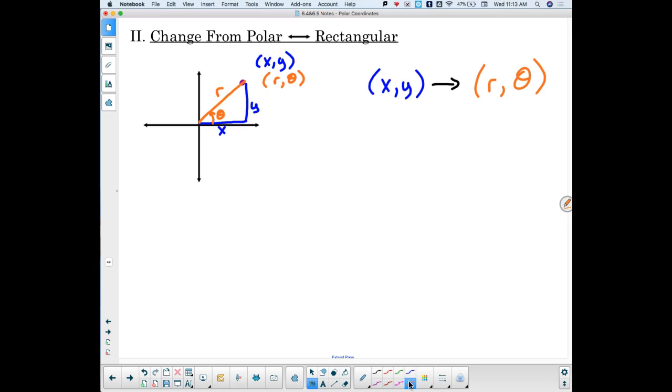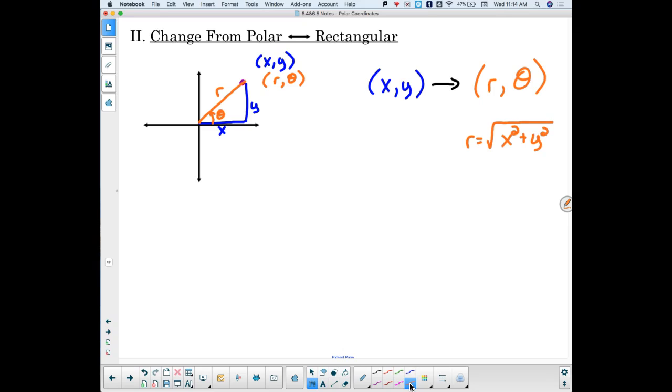How are we going to do that? X squared plus y squared equals r squared. Okay, because what's that? Pythagorean theorem. So r would be what? The square root of x squared plus y squared.